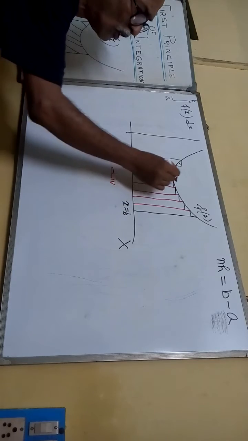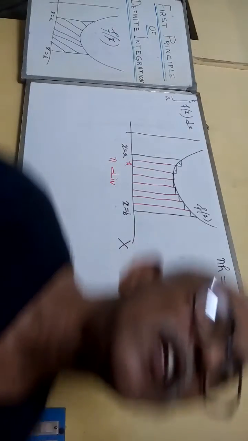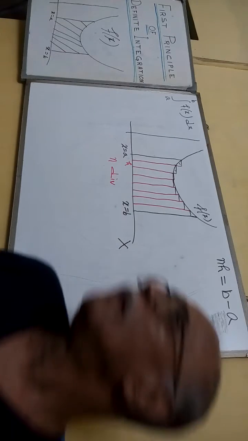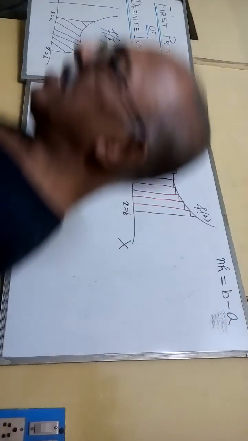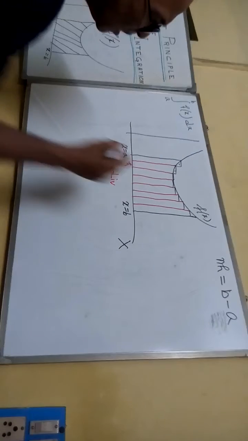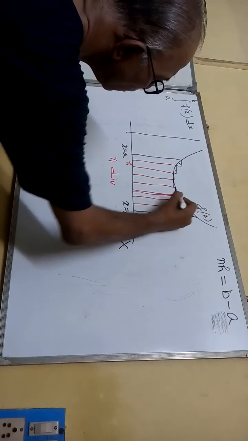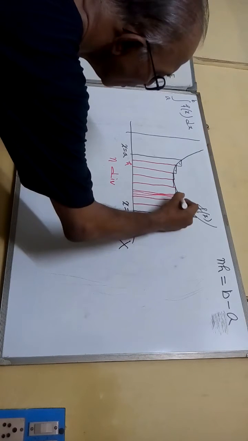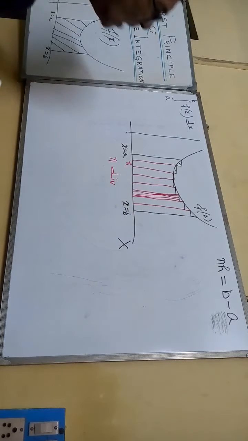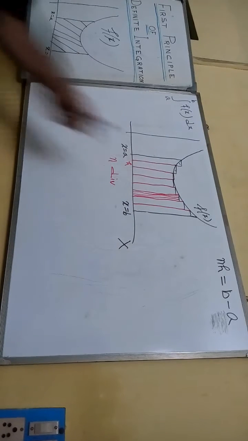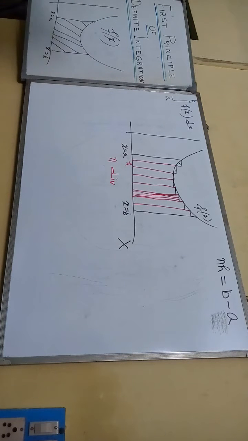Similarly, in every portion we get a small difference. This difference we can reduce by reducing the size of h. If we break h into very small portions, then the difference between the area of the rectangle and the area under the curve will decrease.